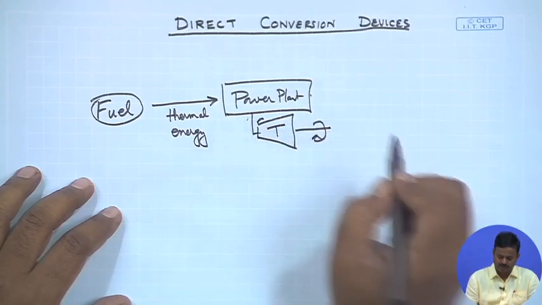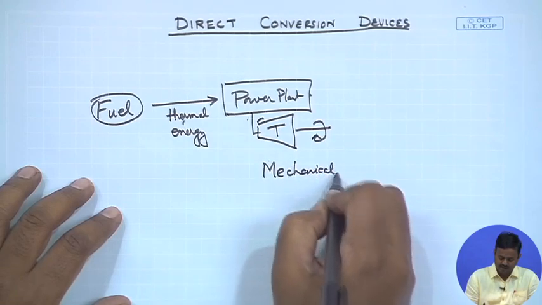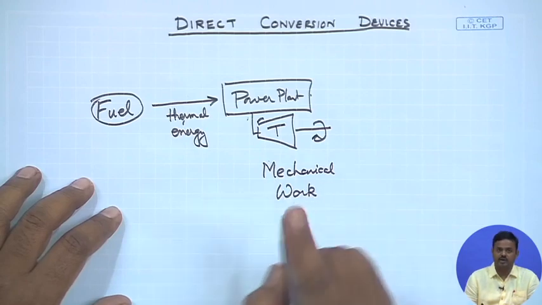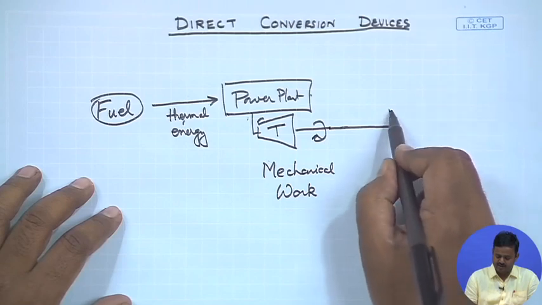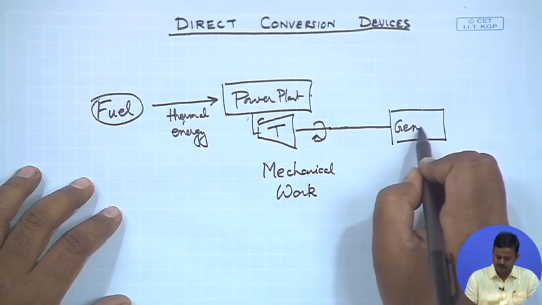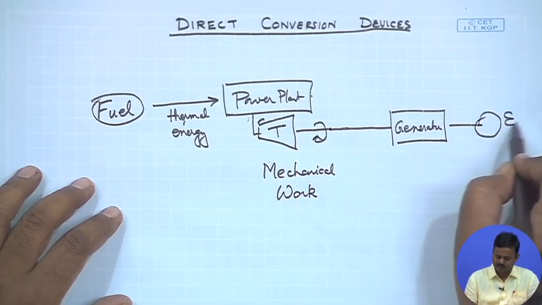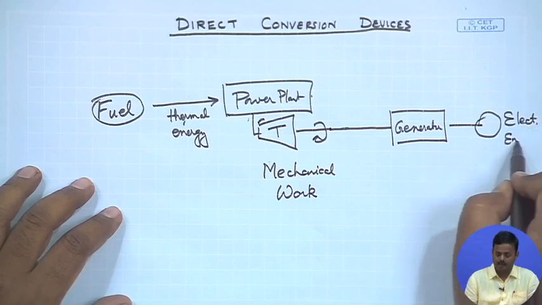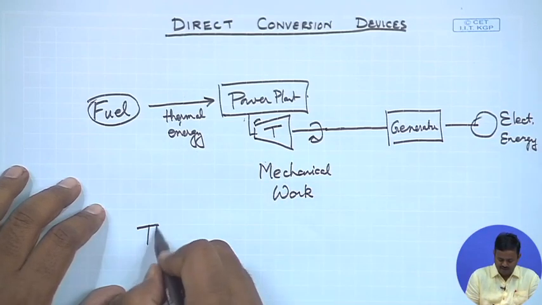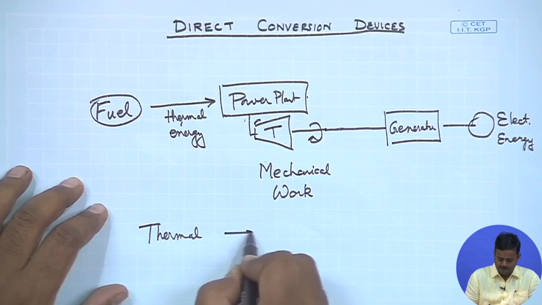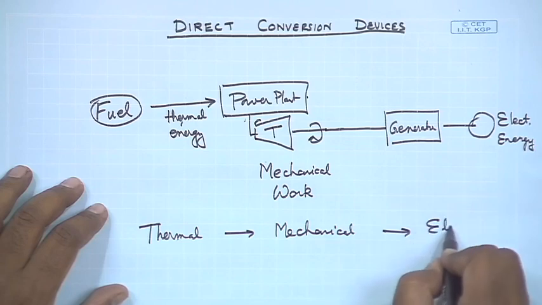In the power plant we have thermal energy, from there we get mechanical work because of the rotating motion of the turbine, and then this turbine is connected to a generator whereby we get electrical energy. So, what are we having? We are having thermal to mechanical, then to electrical.